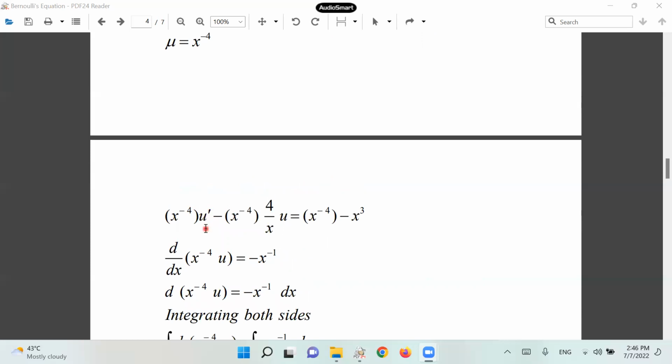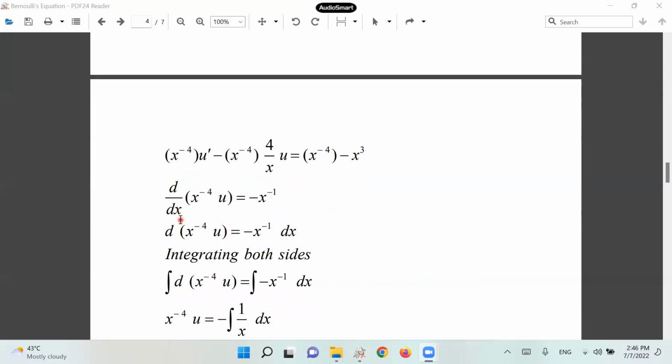If here is x or here is y, we have to write it over here. If we take the derivative of this, we will get this whole answer. So this is how we have written this all in the form of d by dx of x power minus 4 into u equals minus x power minus 1.